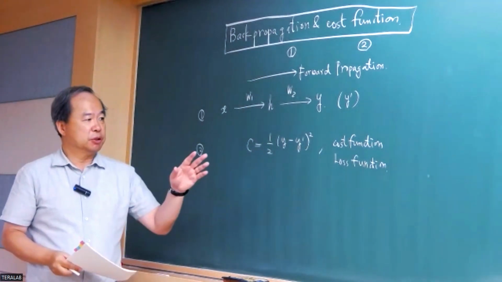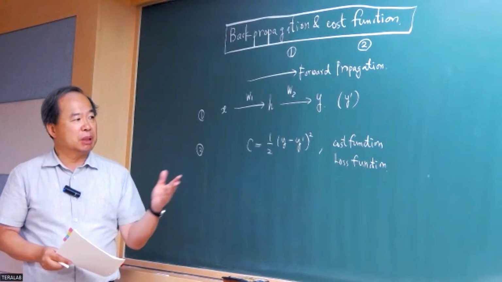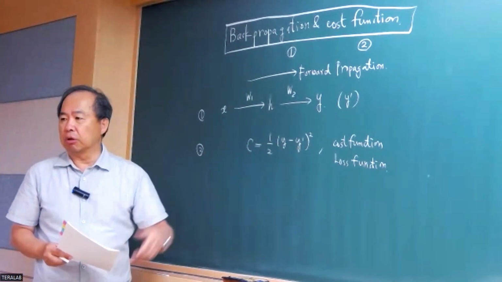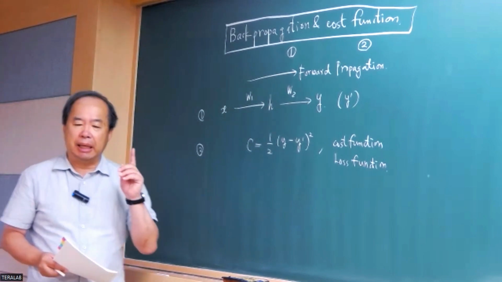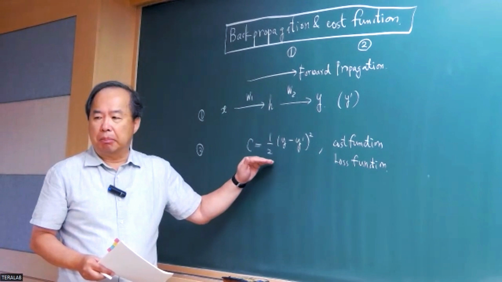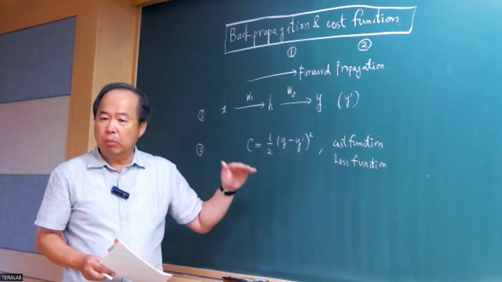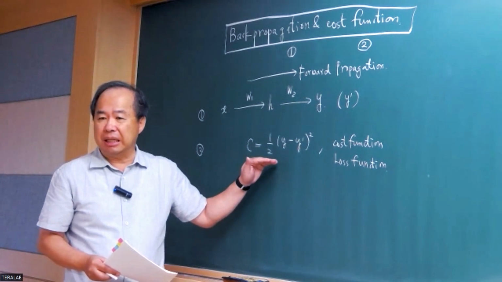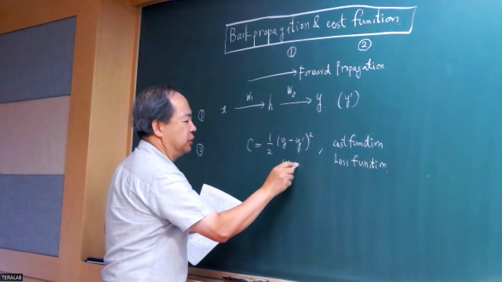Basically, the cost function and loss function are the same, depending on the individual. Sometimes we say cost function, sometimes loss function. I have to say that there are many different types of cost functions. Today, for the simplicity of understanding, I'm using the mean square error function.